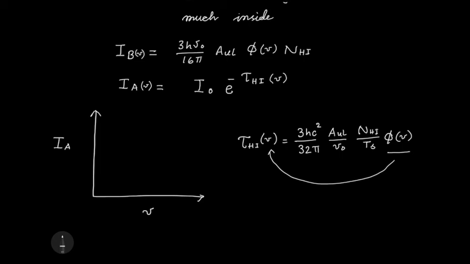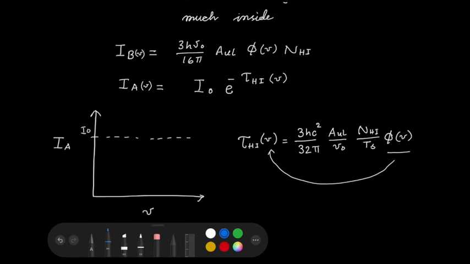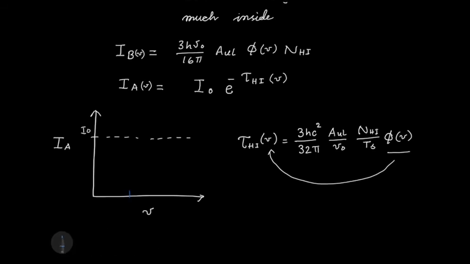So if I look at a frequency which is away from the 21 centimeter absorption or emission frequency, which is away from nu equals nu naught, 1420 megahertz, then phi nu is 0. Phi nu is 0, so I_A is essentially I0. That I can call a base level, so that is everywhere here.